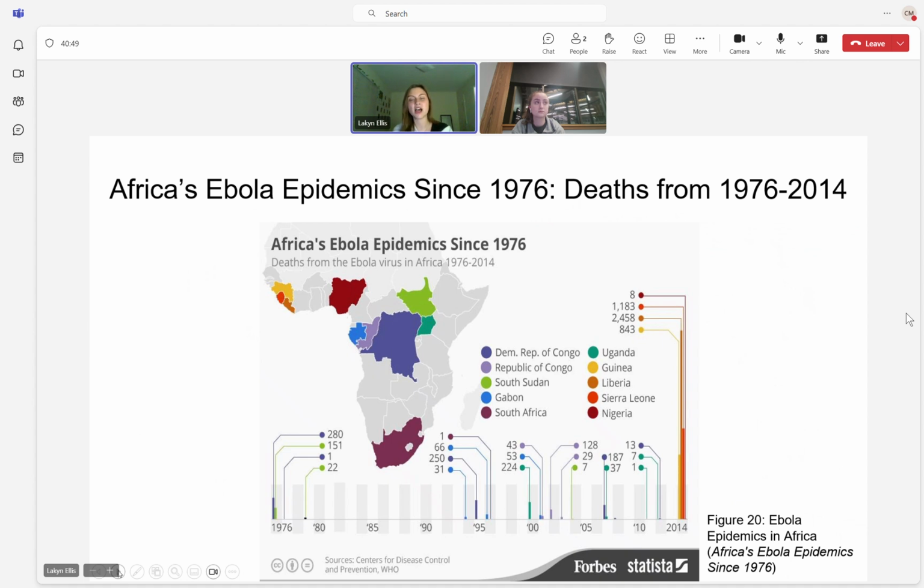Not many cases, not high death rates, but in 2014, there was a huge outbreak in Liberia, Sierra Leone, Nigeria, and another region up here to the left in the top left corner. And this just goes to show how active the virus was from 1976 to 2014.